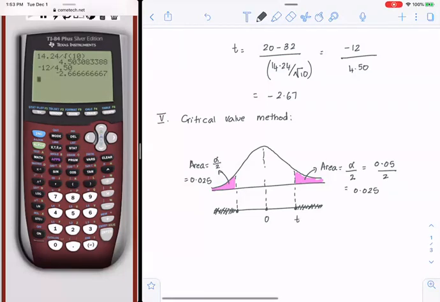The notation here is t sub 1 minus alpha over 2, comma n minus 1. 1 minus alpha over 2 is the area below the critical value. Specifically positive critical value.